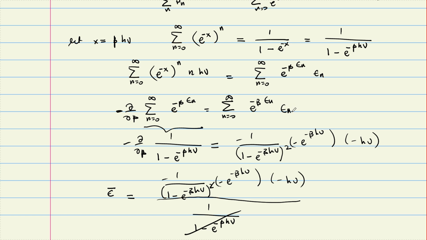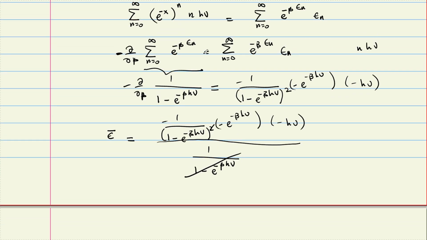You can include n equal to 0, but it is 0 anyway. There is no difference between a sum starting from 0 and a sum starting from 1, because for n equal to 0 it's going to be 0 anyway. Because En is n h nu, even if you start from n equal to 0, it doesn't change. That's why I put it like that.